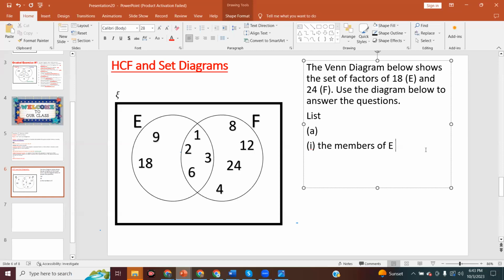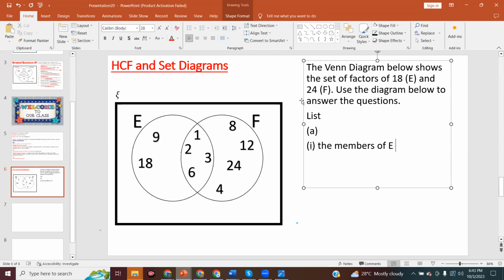Do you see only there? No, so definitely not E only. Put your answer inside the chat for me, please. List the members of E.